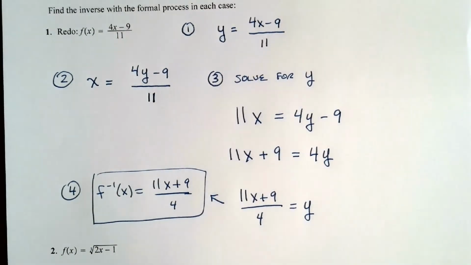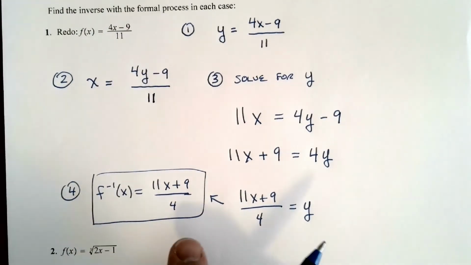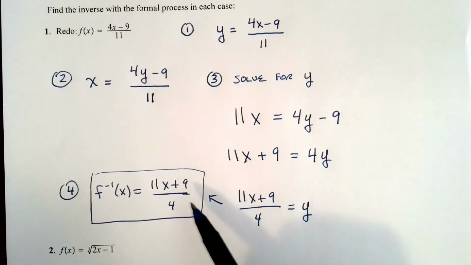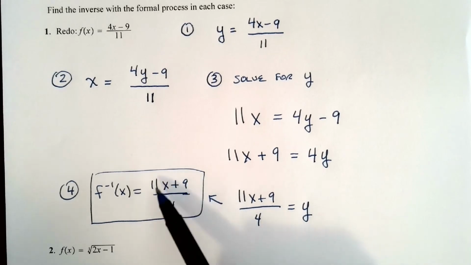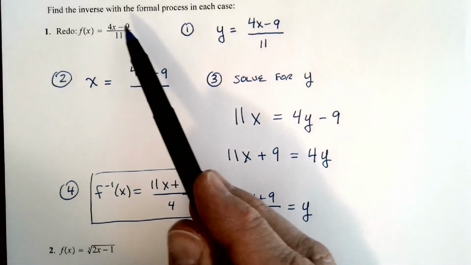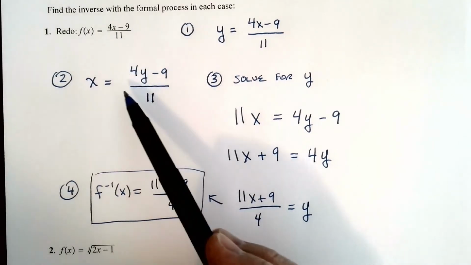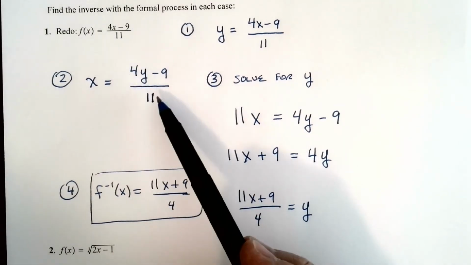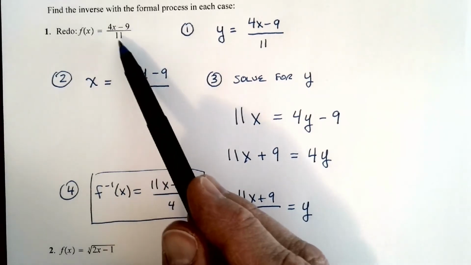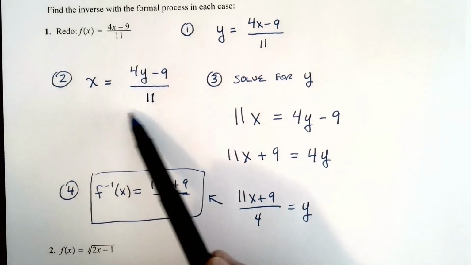Okay, and if you compare our answer in the previous lecture video, that's what we got when we did it intuitively. Intuitively we're saying let's undo this by going in reverse order. And notice as we're solving, that's exactly what we did. The last thing I did in evaluating the function f was dividing by 11. What's the first thing we did here in solving for y?